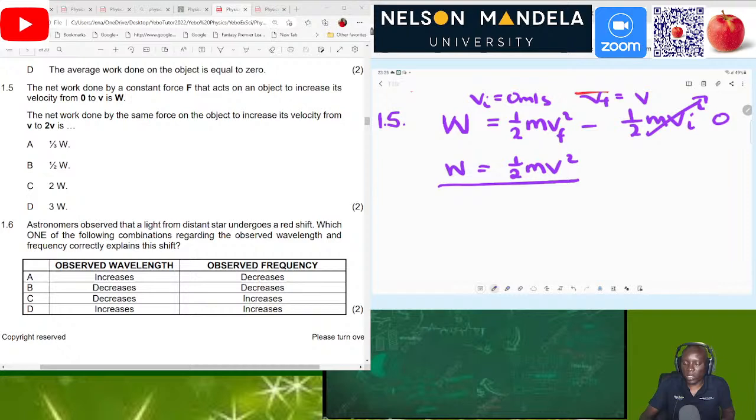What we're squaring is 2v to get 4v squared, and so 4v squared minus v squared will be equal to 3v squared, and half m of v squared times 3 is 3W. 3W is the net work done by the same force in changing the velocity from v to 2v. Okay, so D is the best choice there.